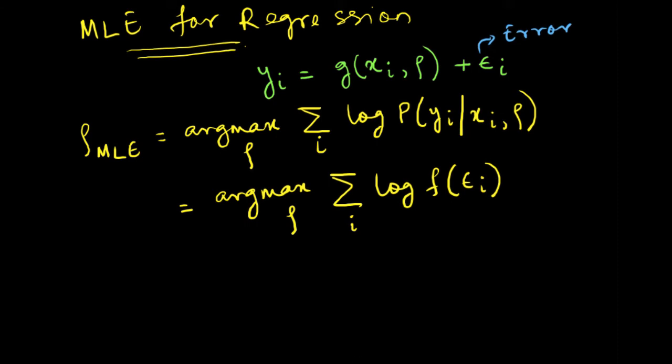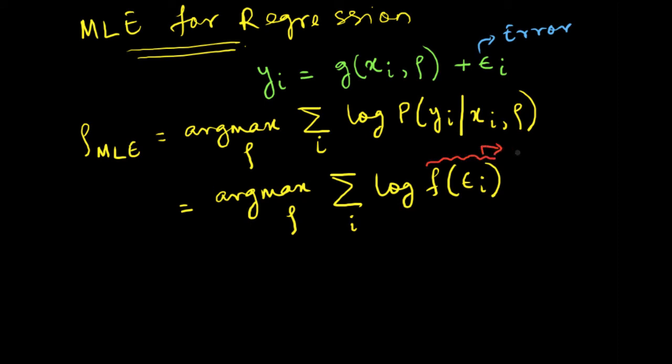Now our job is to use an expression for f of epsilon i, otherwise there is no way to make progress. So we are going to assume that our epsilon i is distributed as a Gaussian, and this is where Gaussian enters into machine learning.